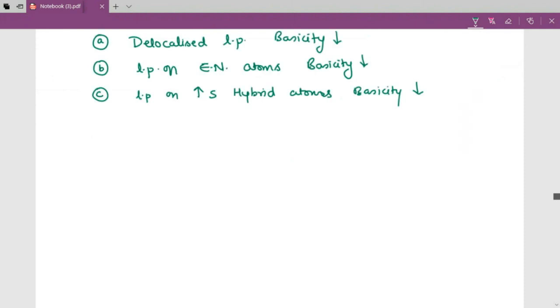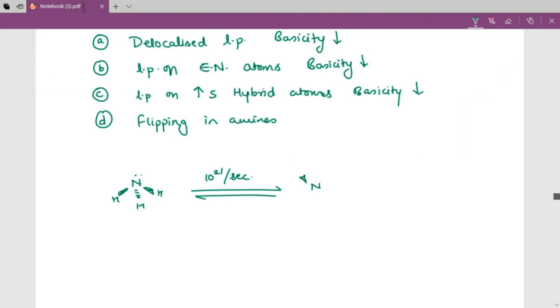Here I would also add one factor called flipping. Flipping in amines. Ammonia has a flipping tendency of somewhere around 10 to the power 21 times per second. What do I mean by flip?